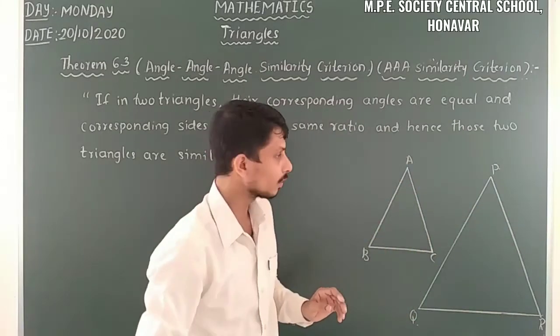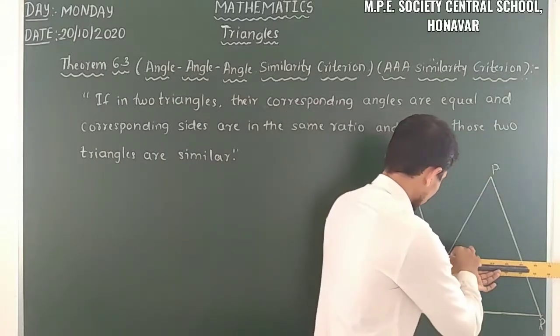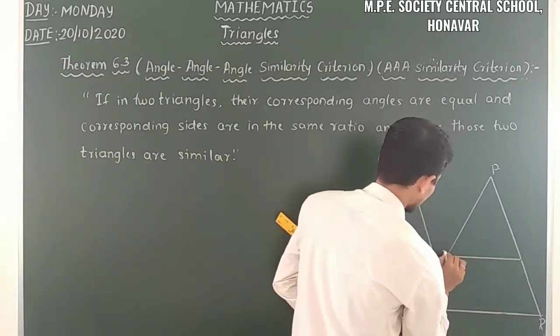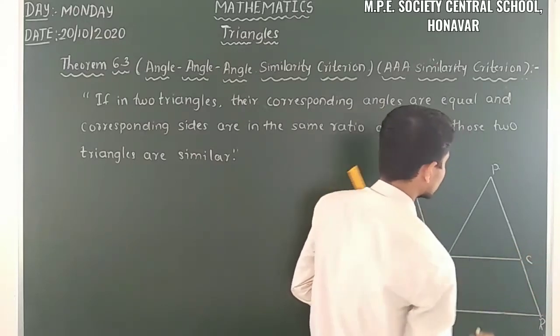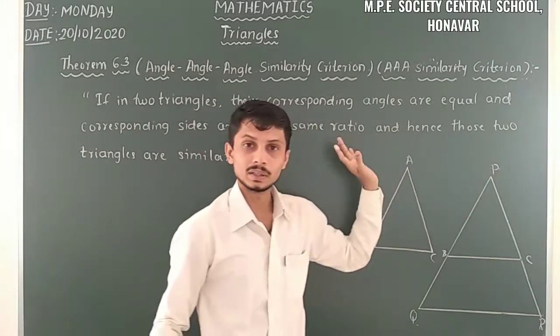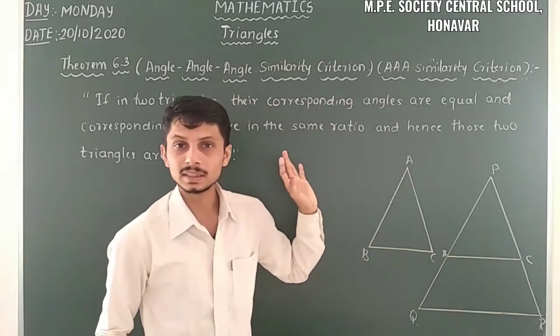Here we have B and here we have C, and A coincides with P. So we can take it as P. Here we have B and C here.